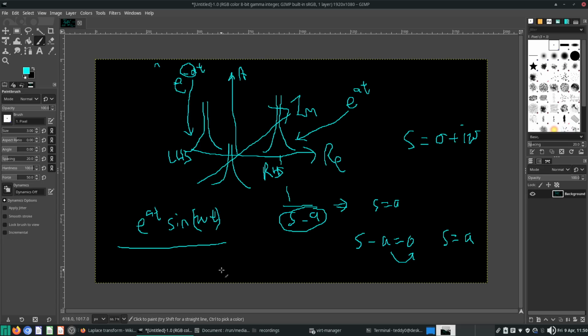You just care about the poles; they are very telling of what these things are. You're actually Laplace transforming an exponential multiplied by a sine.